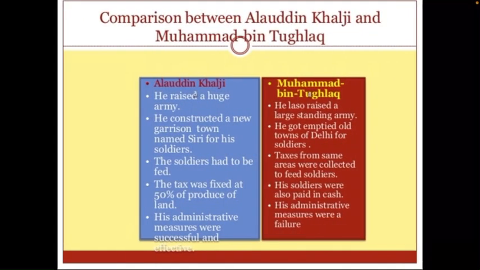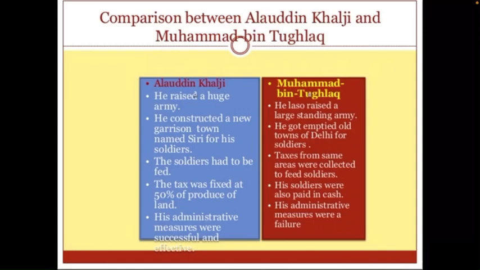There are certain points that can be compared between Alauddin Khalji and Muhammad Tughlaq. First, let's read about Alauddin Khalji's policies. He raised a huge army. Then he constructed a new garrison town, which is named Siri today, for his soldiers.